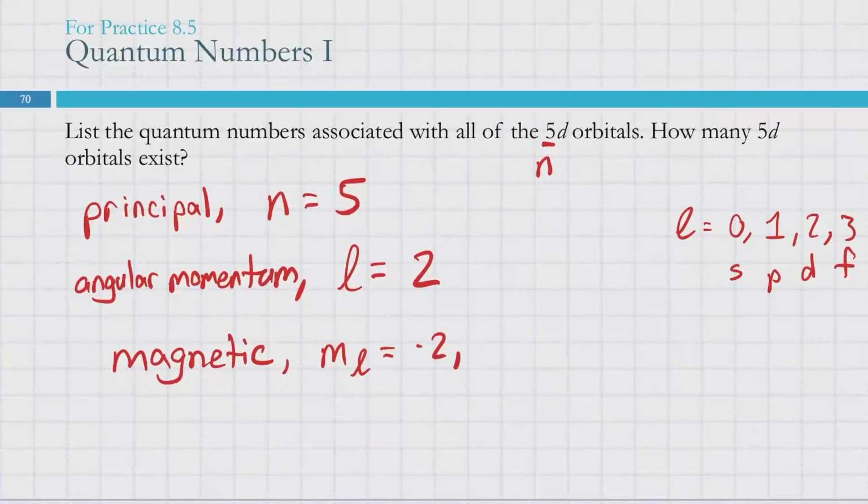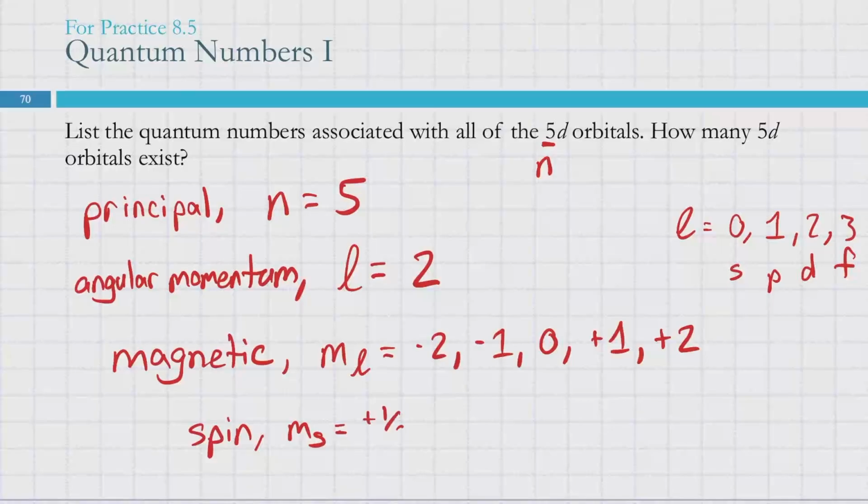So our options are negative 2, negative 1, 0, positive 1, positive 2. Spin, or m sub S, always just has values of plus 1/2 or minus 1/2.